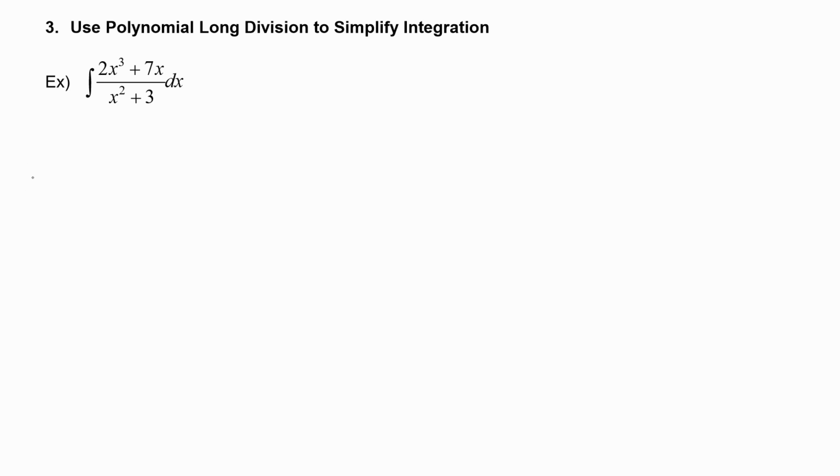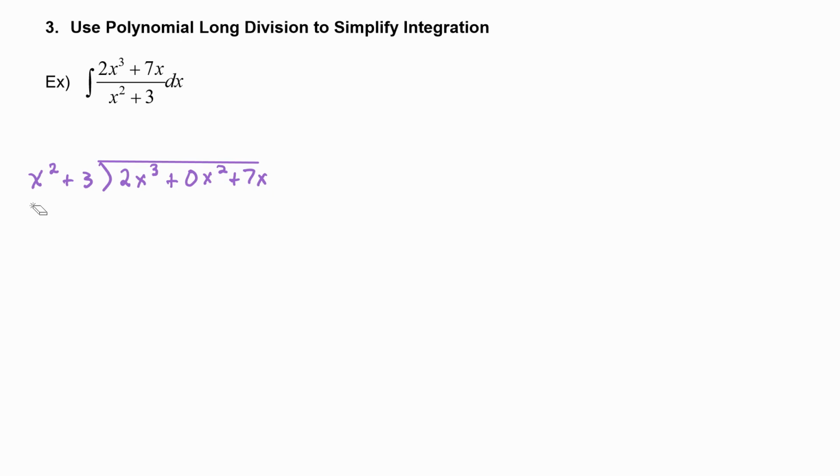So let's do this division. We have x squared plus 3 on the outside. On the inside, we have 2x cubed plus, we should fill in with 0x squared plus 7x. We don't know if we'll need that x squared term or not.